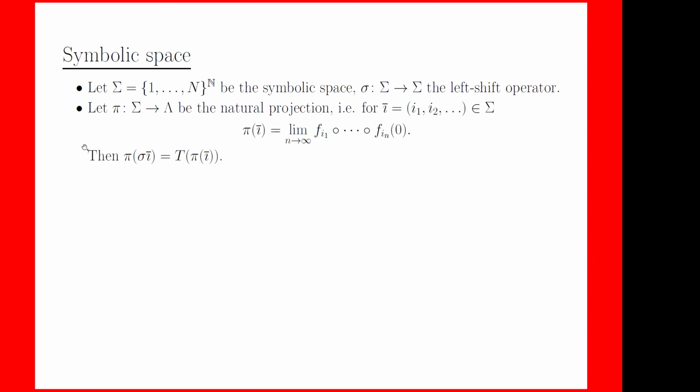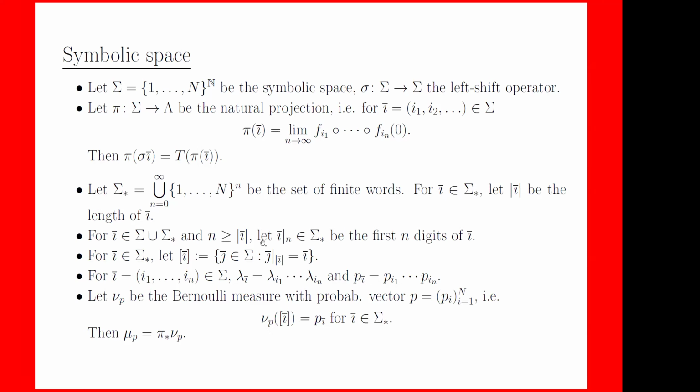Okay, and just to be able to speak about stuff, let me introduce some further notation. For example, by sigma star, I will denote the set of finite sequences, and by the absolute value of I for a finite sequence, I will denote the length of it.